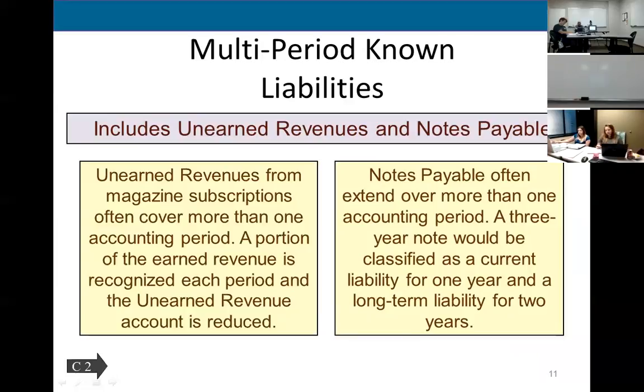Now, notes payable extended over more than one accounting period. As an example, a 3-year note would be classified as a current liability for 1 year and a long-term liability for 2 years. So just remember, whatever amount is going to fall in the greater of 1 year or the company's operating cycle would be classified as current.